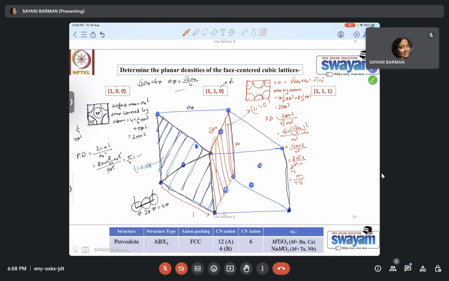Now the next one is the 111 plane. So the 111 plane would be this, like one here also, and one here also. Since this is the origin, the plane would be like this.